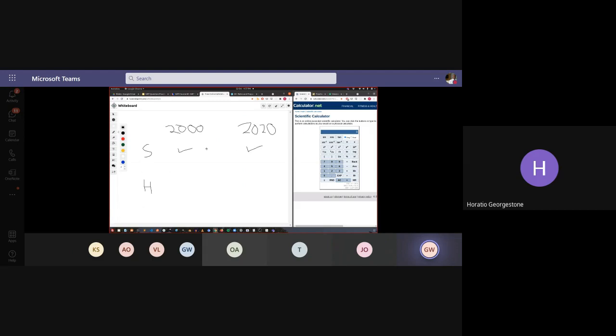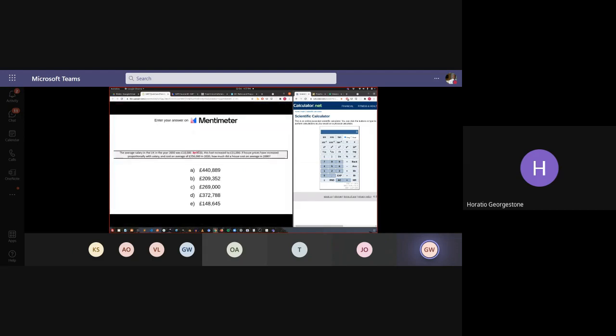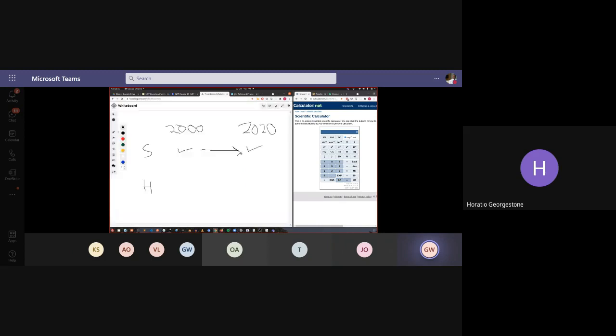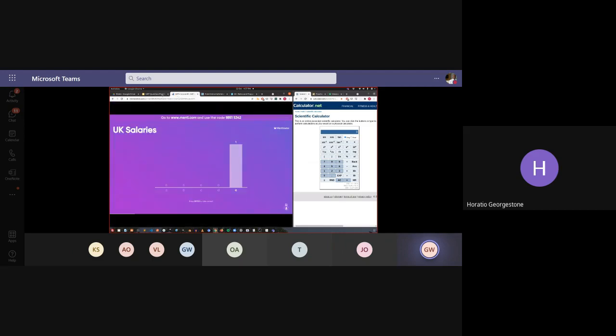So we've got this one and we can work out the percentage increase. And then we've been told the average house price in 2020. So you've got to read it carefully because then it's not from 2000, it's the average in 2020. We've been told that. So we've got to work out the average house price in 2000 if it was the same percentage increase for both.